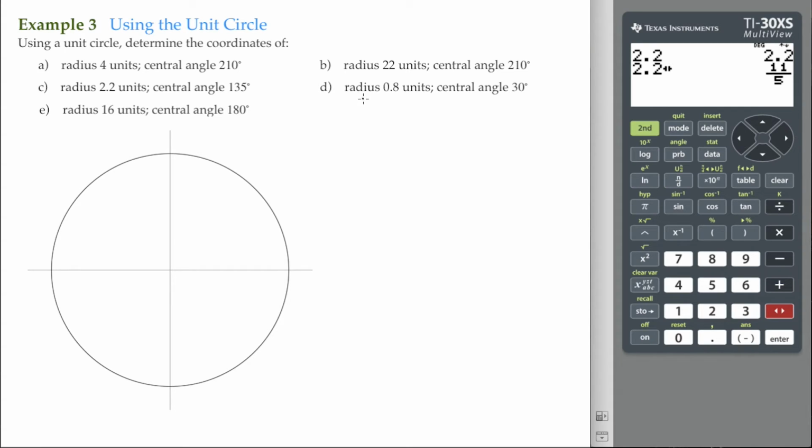This has a radius of 0.8 units and a central angle of 30 degrees. So here is our 30 degrees right there. Here's our special right triangle. If we have a radius of 1 unit, this here along our x-axis, that's the square root of 3 over 2. And this is 1/2.